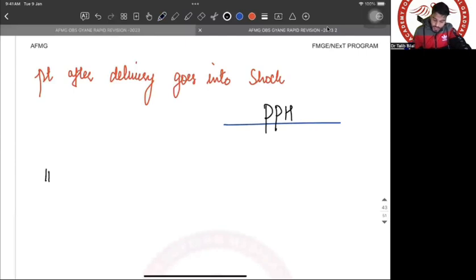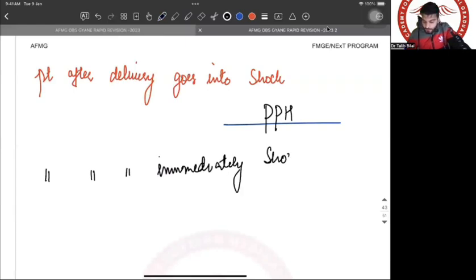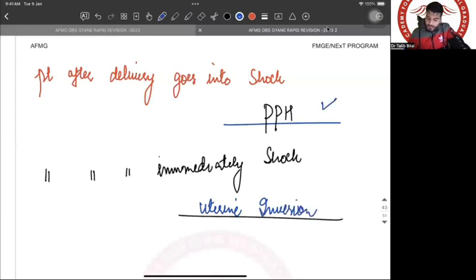If the patient immediately goes into shock after the delivery, with no time gap, then your answer will be uterine inversion. Look out for the word uterine. In PPH, we discuss uterine inversion.